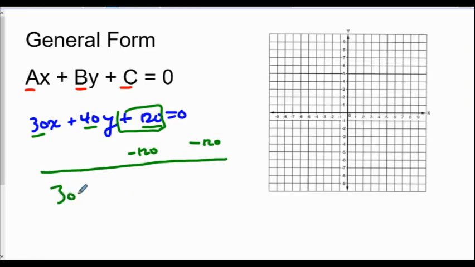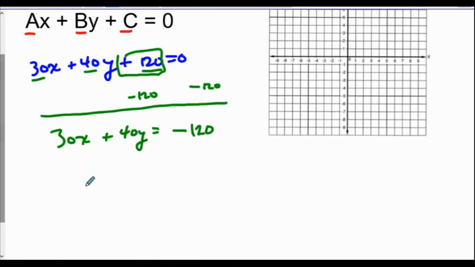Now what I have is 30x plus 40y equals negative 120. Once again, pretty straightforward. Now, what is my x-intercept value going to be? So I'm going to say 30x equals negative 120.